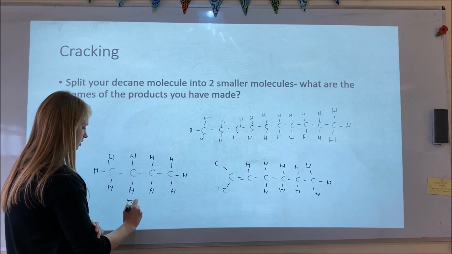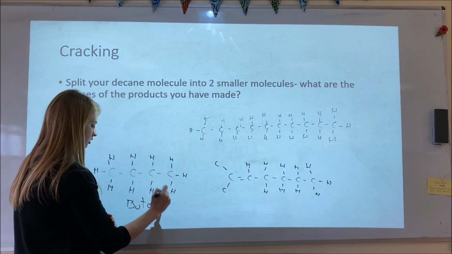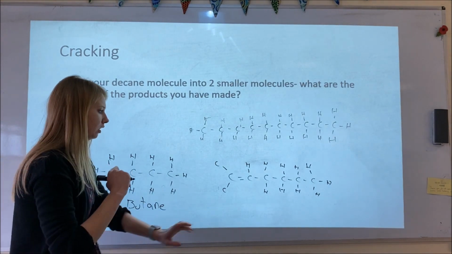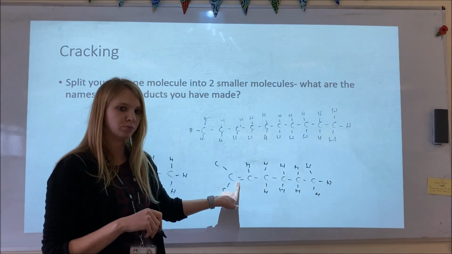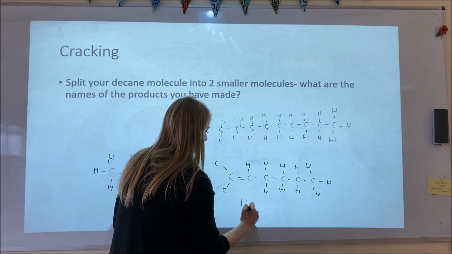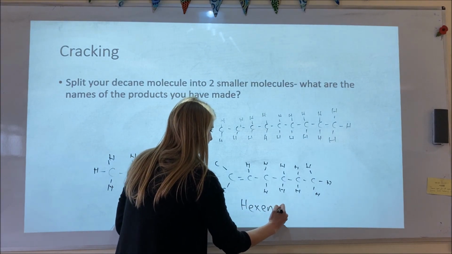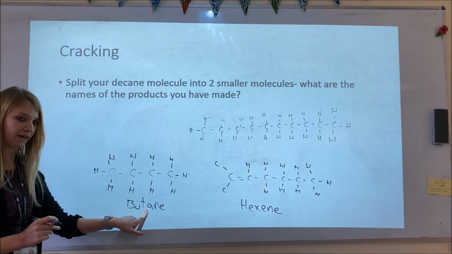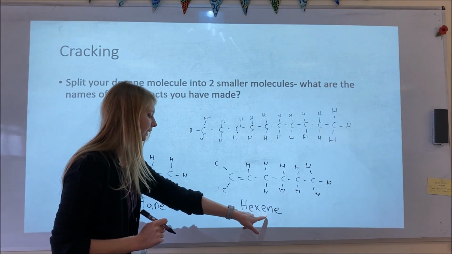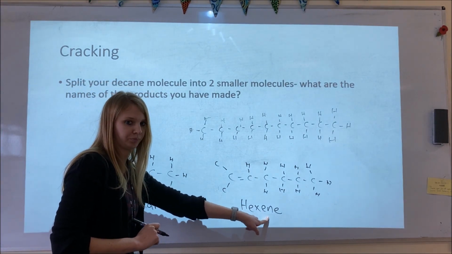So this is butane. This one, we've got 6 carbons and a double bond. So this is hexene. Okay, notice that rather than an ane, an alkane, we've now got ene, an alkene.